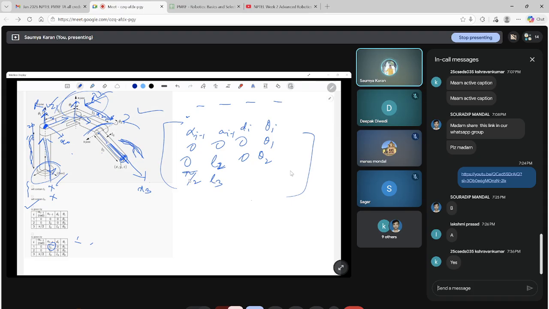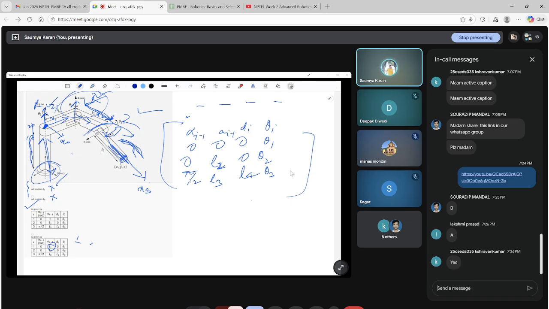So the x-axis here and the x-axis here have an offset of L4. So L4 you get here. And is there any angle difference between both of these x-axes? Yes, it is rotated by theta 3. So this is your DH parameter for this 3R manipulator.